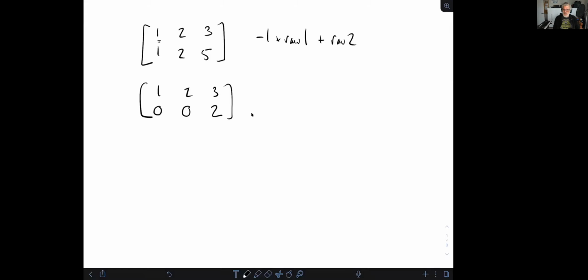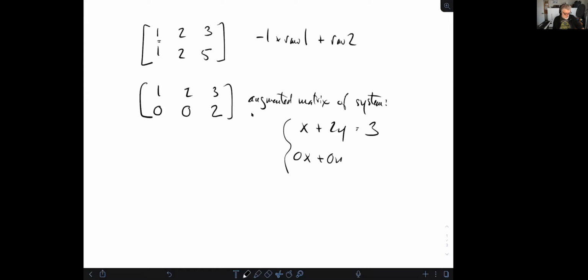So this has the same solutions, and this is the augmented matrix of the following system. Let's write it up. x plus 2y equals 3. And this is 0x plus 0y equals 2.